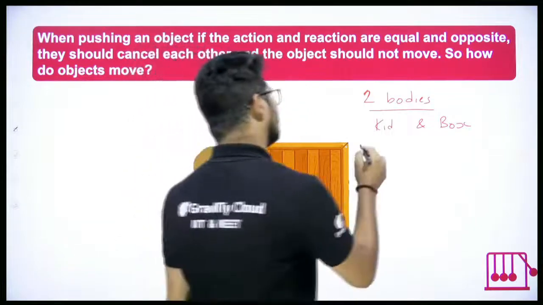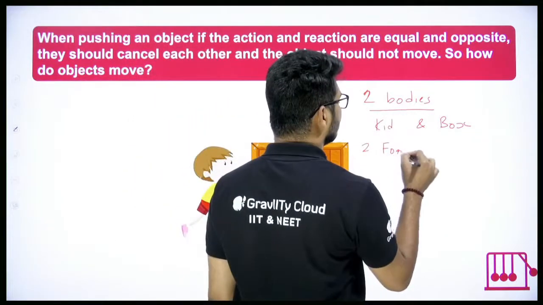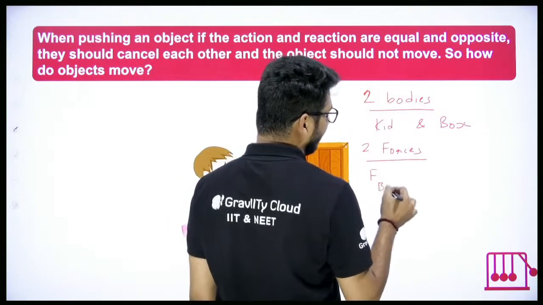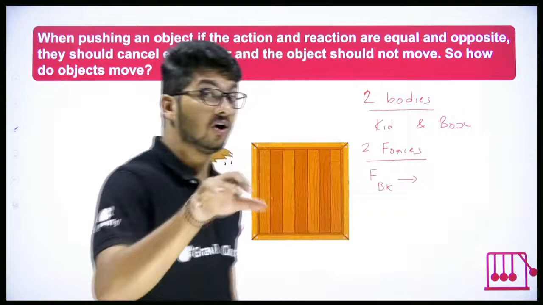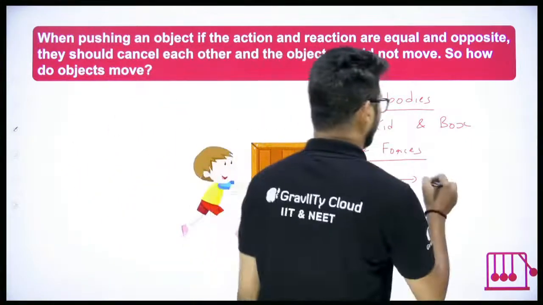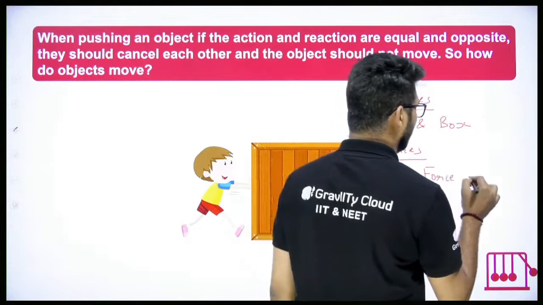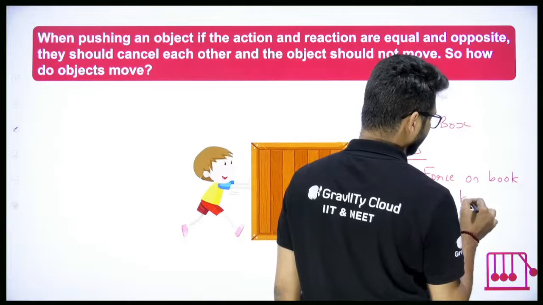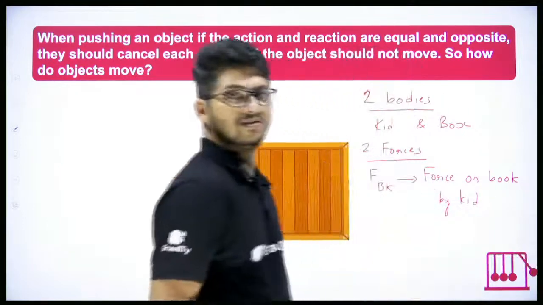Now what are the two forces then? One is F_BK. What is F_BK? First comes on, second comes by: force on box by kid. Simple.